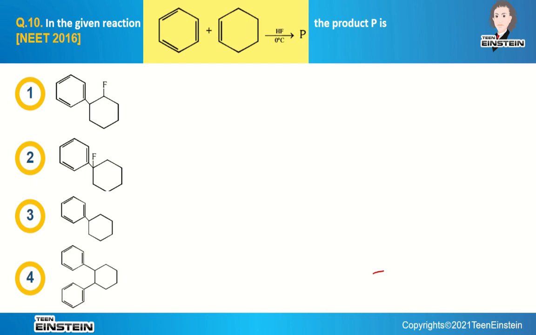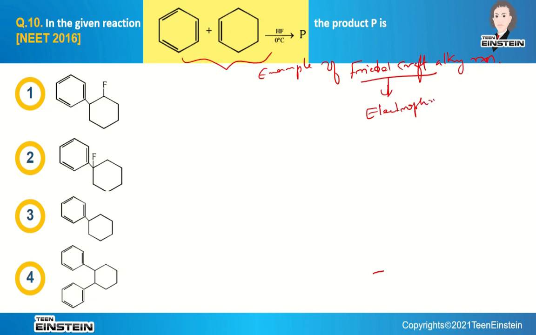We need to find out the product P. First, this reaction is an example of Friedel-Crafts alkylation reaction, and this is an example of electrophilic aromatic substitution reaction.